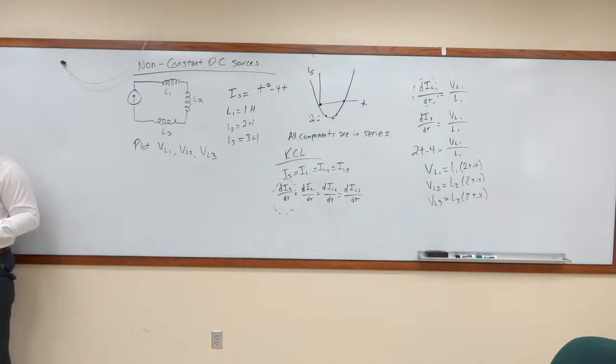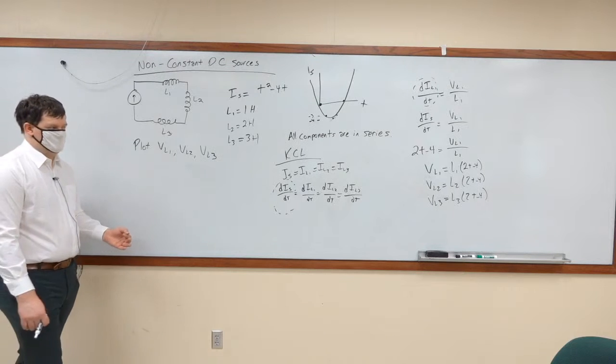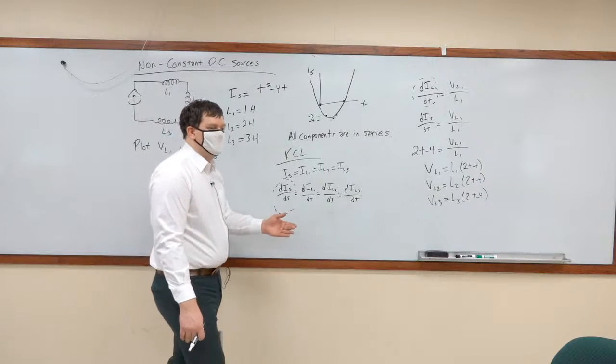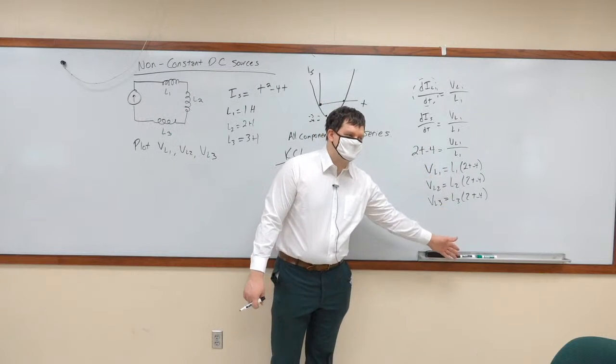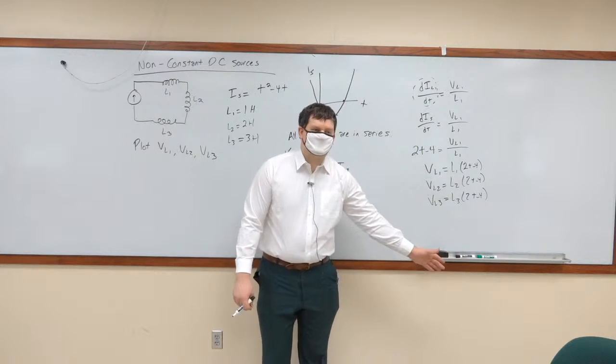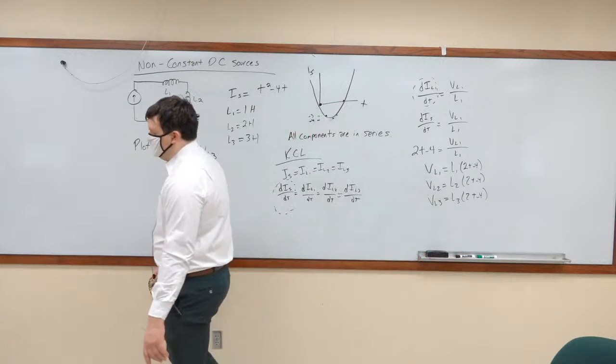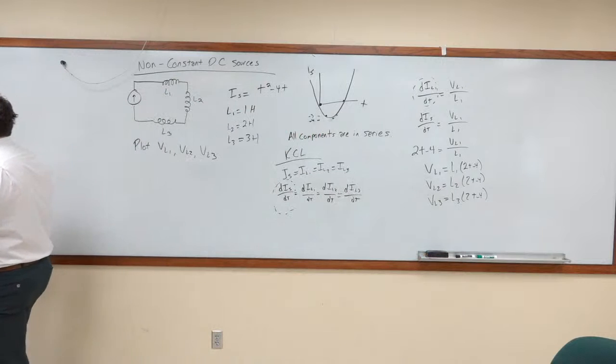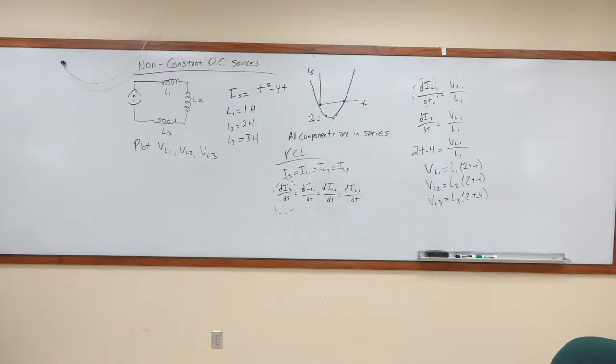For constant voltage sources, we saw the same relationship. Everything was a scalar of each other based on resistances, based on capacitances. That is going to change a little bit when we get into first order and second order systems. But everything has a very close relationship with everything else in the circuit.